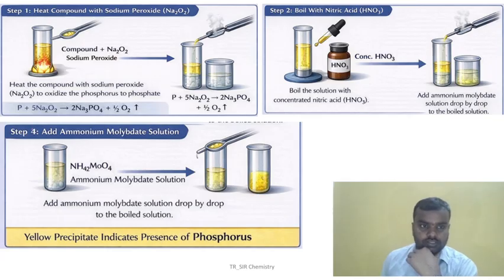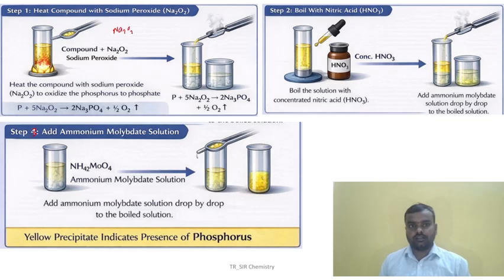So this will be step 3. Okay. Now look at here. Heat the compound with the sodium peroxide. Sodium peroxide we are taking, treating with the phosphorus. It is forming first sodium phosphate, Na3PO4. Let me write here again one more time step by step.